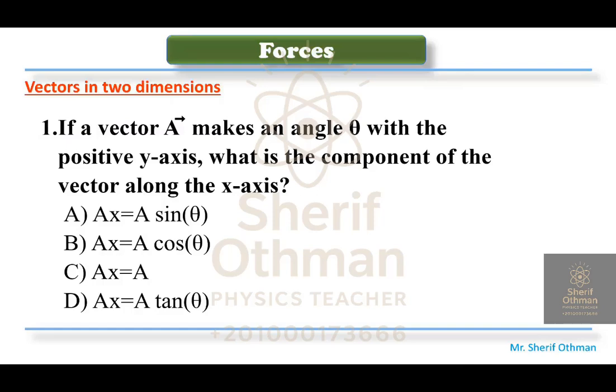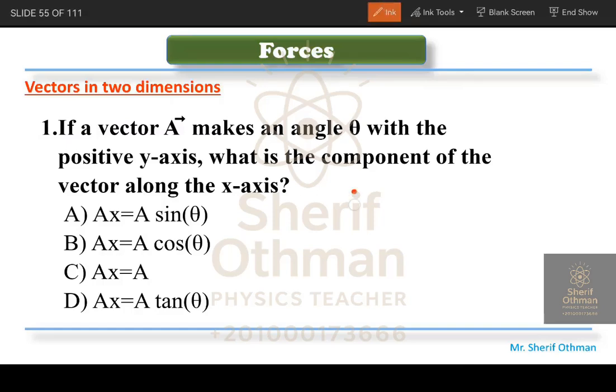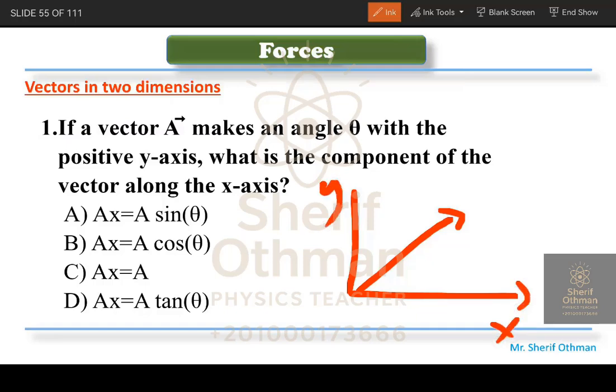Now the angle is not between the resultant force, or the force itself, and x. The angle theta is between the resultant and y. Let's make a deal: the one which is beside theta takes cosine, and the one which is away from theta takes sine.